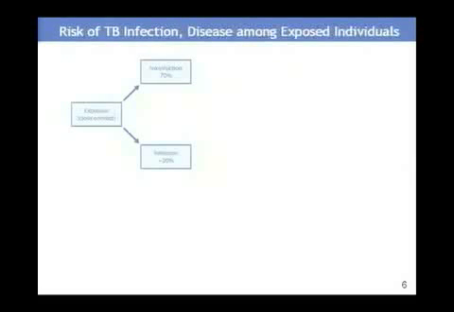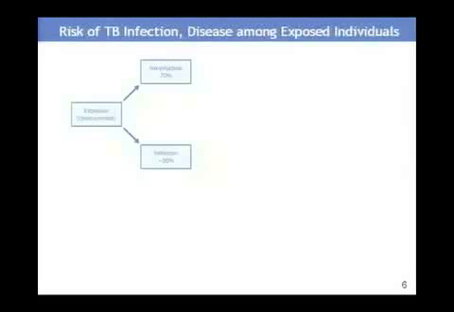So now we'll go through the idea of the risk of TB infection and disease among exposed individuals. I'll take you through a series of slides to talk about some numbers, about your risk of becoming infected and your risk of progressing to active disease. First, let's imagine that we are in a classroom, not a virtual classroom like we are right now, but a very small auditorium with approximately 100 of you, and I had active tuberculosis.